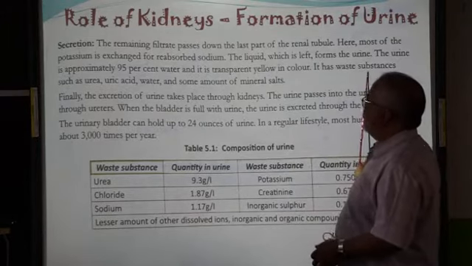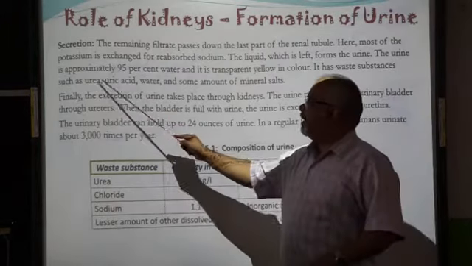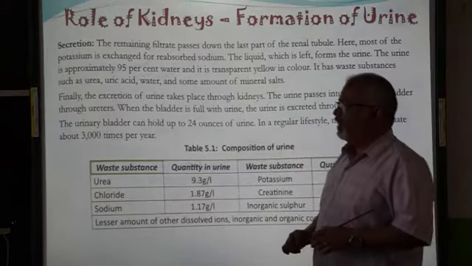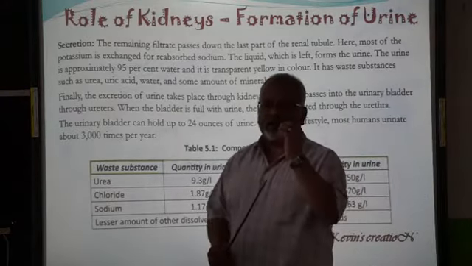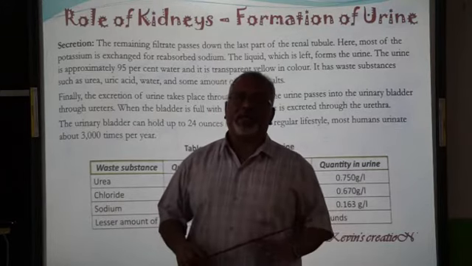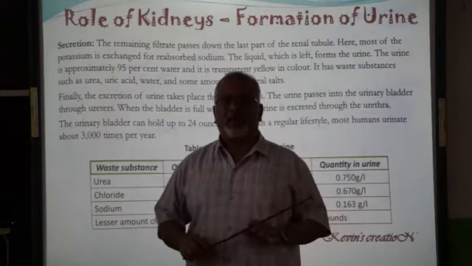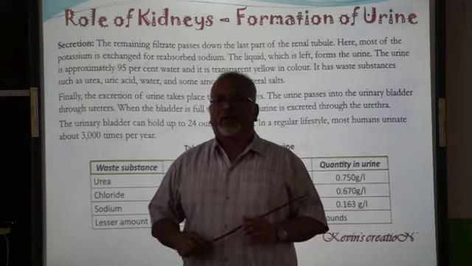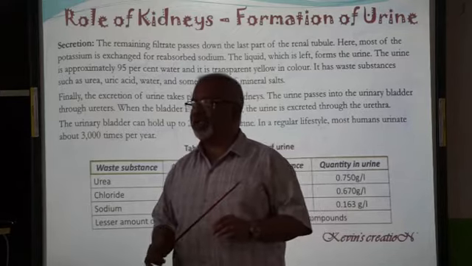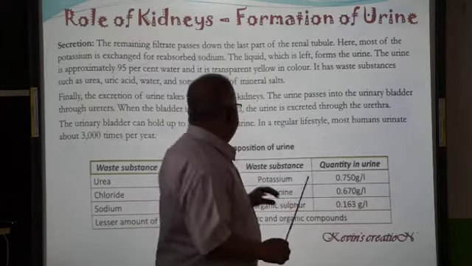It has waste substances such as urea, uric acid, water and some amount of mineral salt. So whatever is toxic, poisonous, which we should not keep in our body, that flushes out with urine. 95% of water and 5% of waste products.